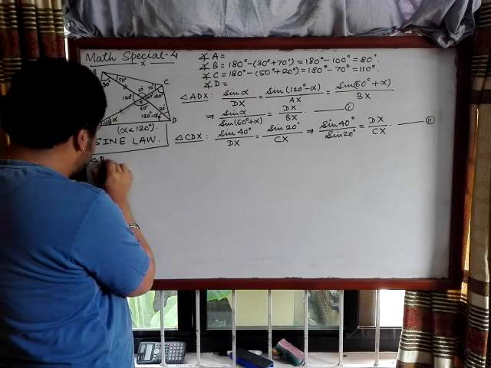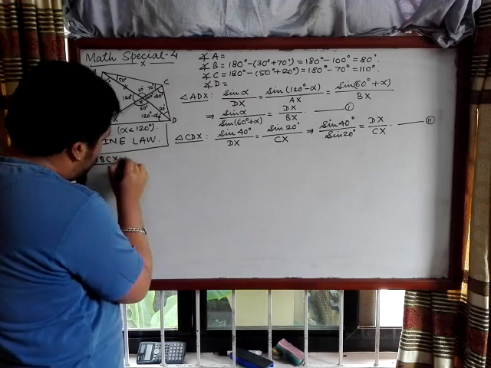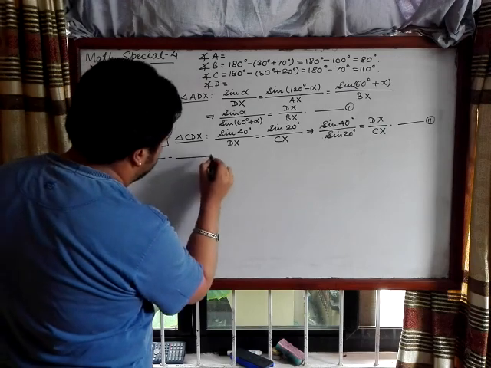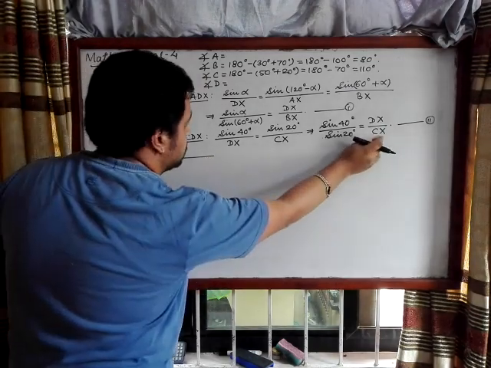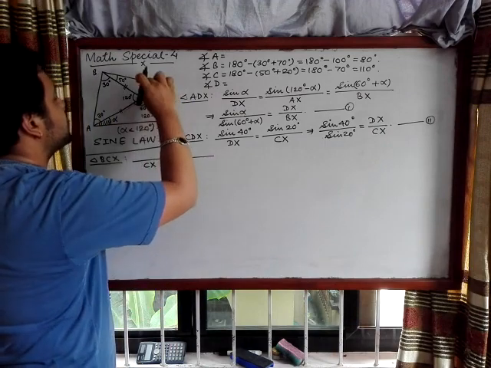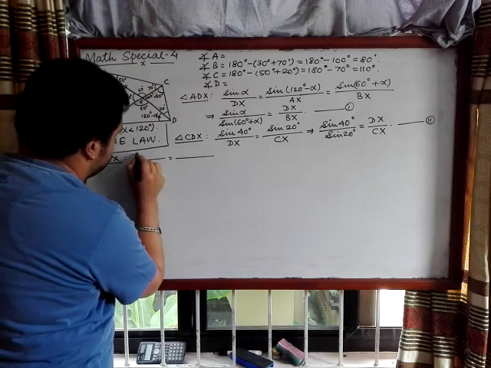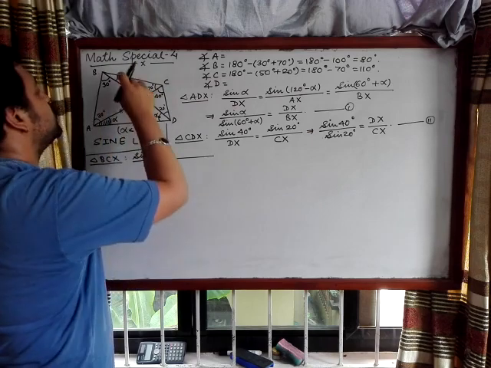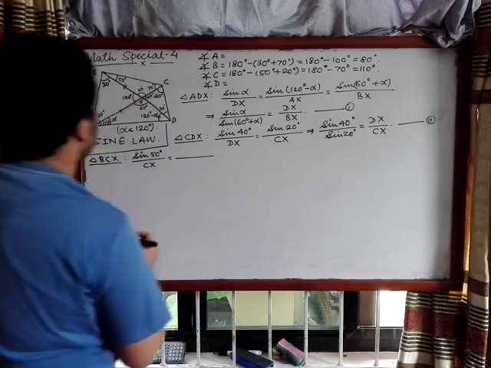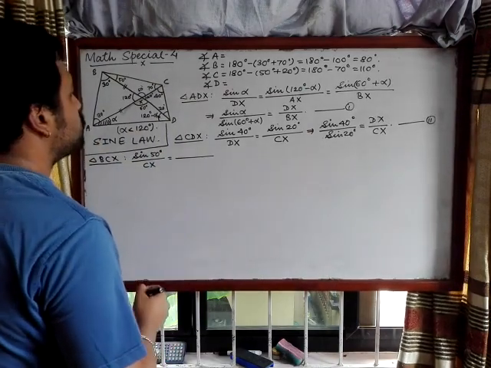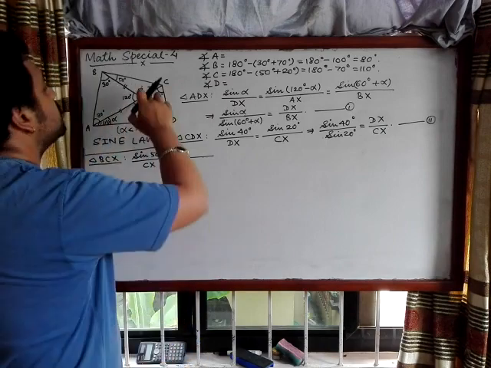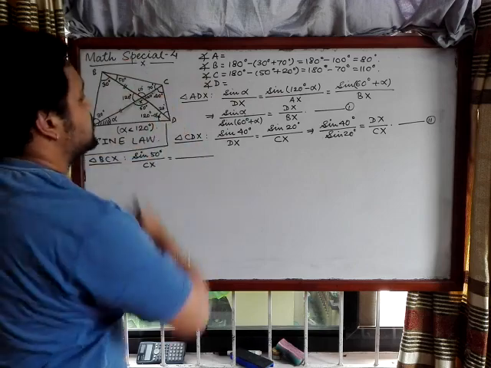Now the triangle BCX, what do we have? If we use sine law, now we need to use CX. So if we choose CX, then it is opposite to this angle. So this is sine 50 degrees. Now we can choose either BC or BX.